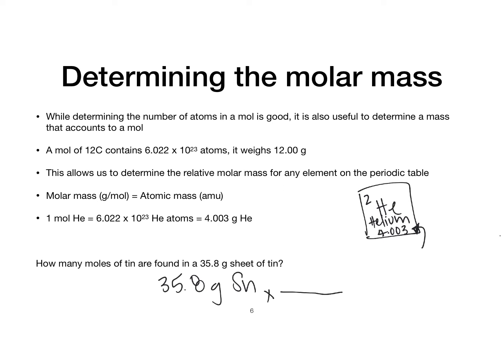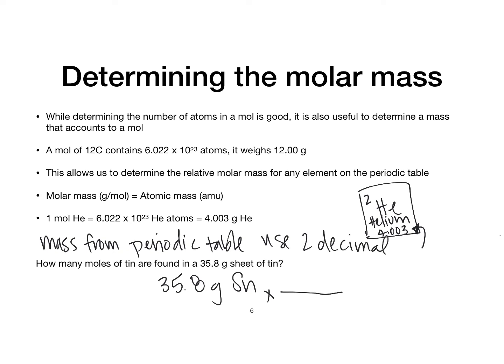And so in this class for masses from the periodic table, we're going to use 2 decimal places. For helium, that would give you 4.00. For tin, it would give you 118.71 grams in 1 mole. When you plug this into your calculator, you should get 0.302 moles.